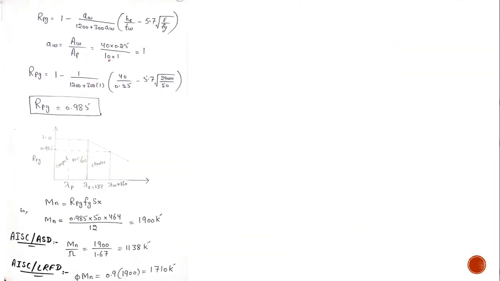So in this lecture, first of all, we have to find the slenderness or compactness of our web. W is for web, and this depicts the slenderness ratio, hc by tw.